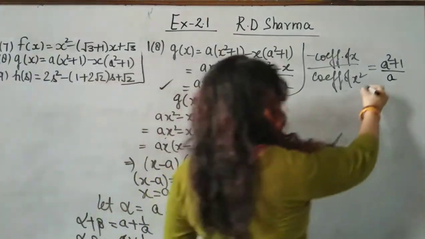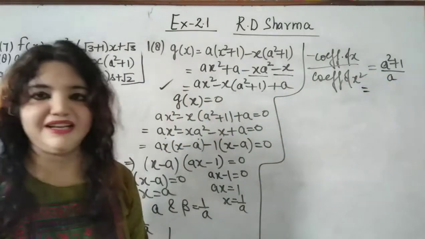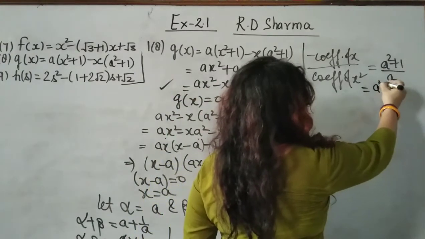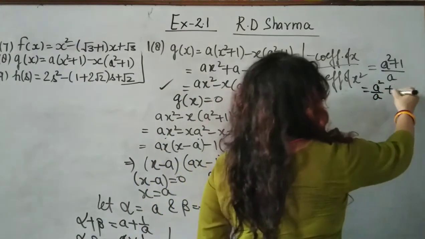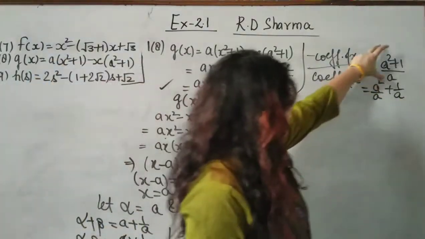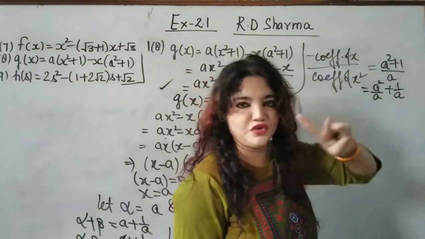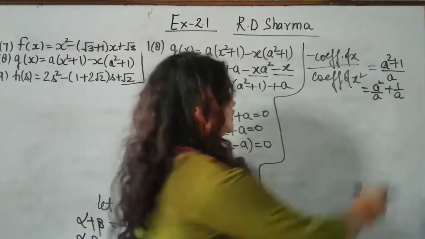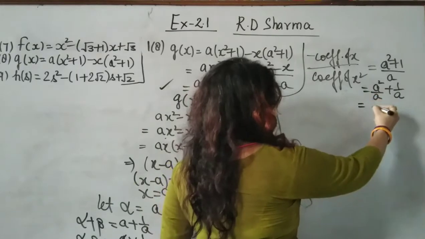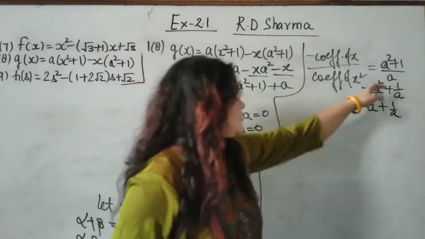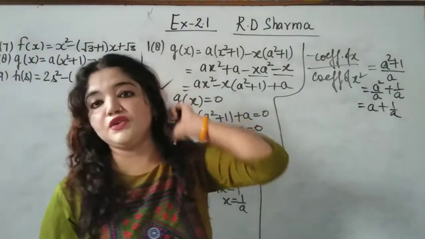Right? और अब अगर हम इनको सेपरेट कर ले, इन टर्म्स को जब सेपरेट करती हूँ, देखो how I am writing a square upon a plus 1 upon a. Is that okay? मैंने इसको सेपरेट कर लिया है दो टर्म्स में. a square upon a plus 1 upon a. So a square upon a, that is a, plus 1 upon a. a square में a का divide करोगे, so what are you gonna get?